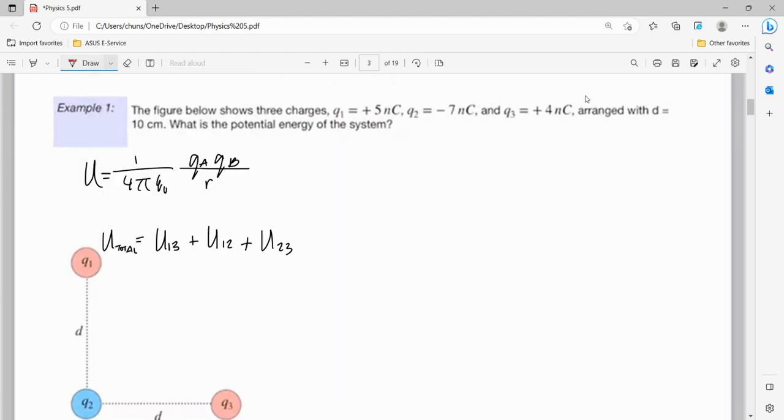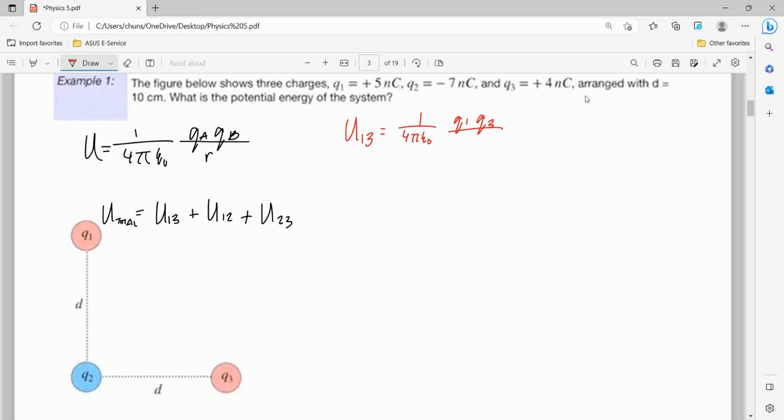So if we were to write that out, let's start with our U13. This is our constant to start, and we have Q1, Q3, and our separation distance between them, which is d squared plus d squared, and this is equal to d root 2.